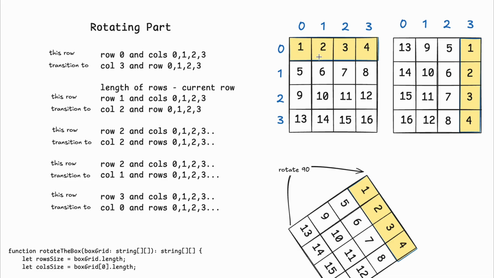And we create a new matrix, which represents the new matrix where the row is a column and the column is a row, because we rotate eventually.